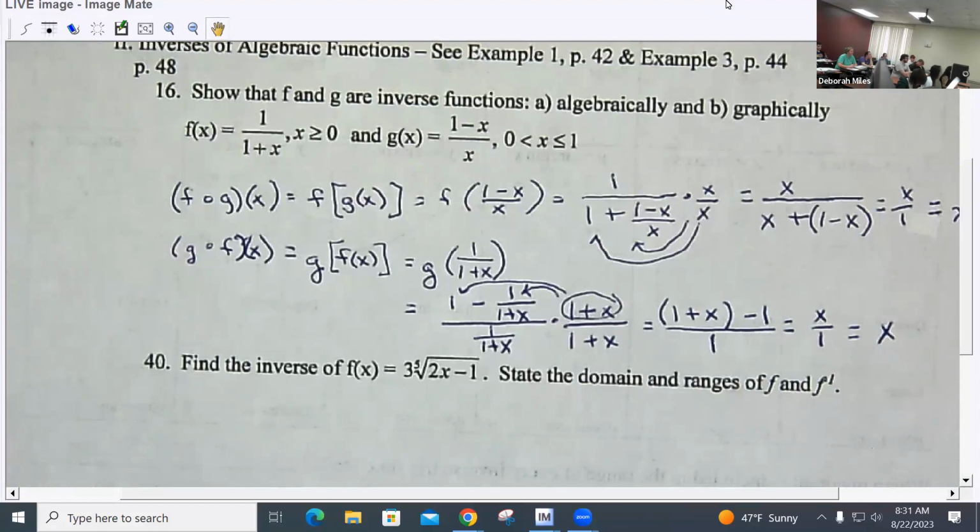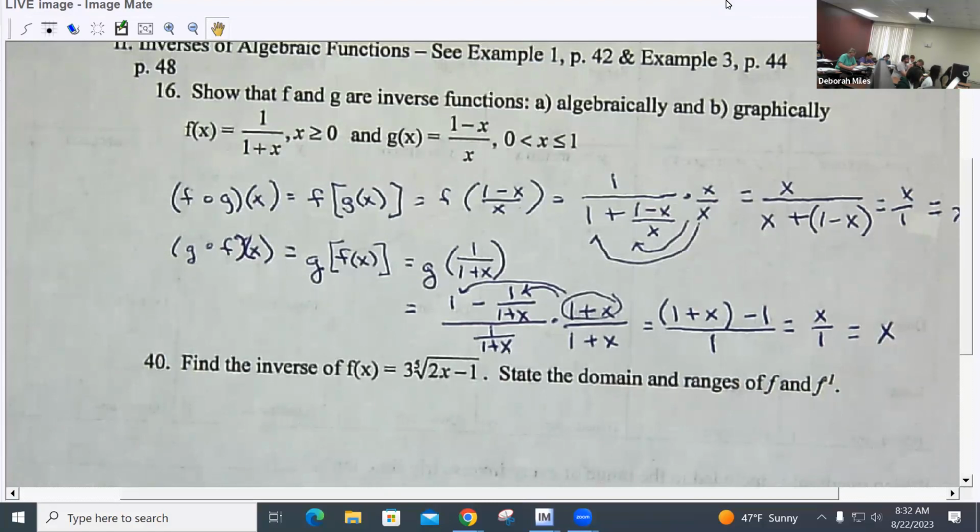One of you can do this for me. No, you type it in and I'll lay it up here. Graph for the B part, graph f of x, g of x, and y equals x in the window.